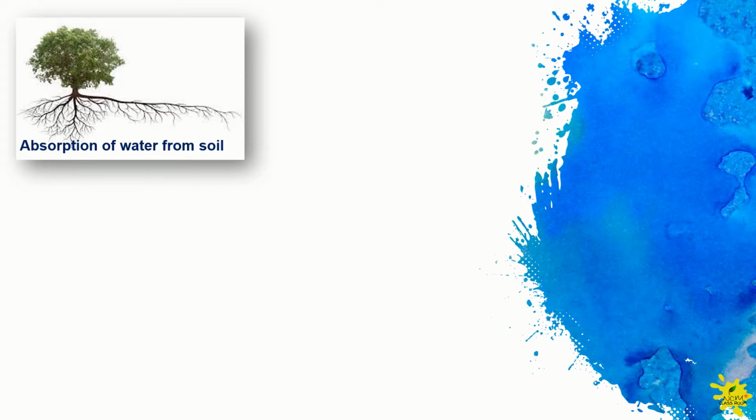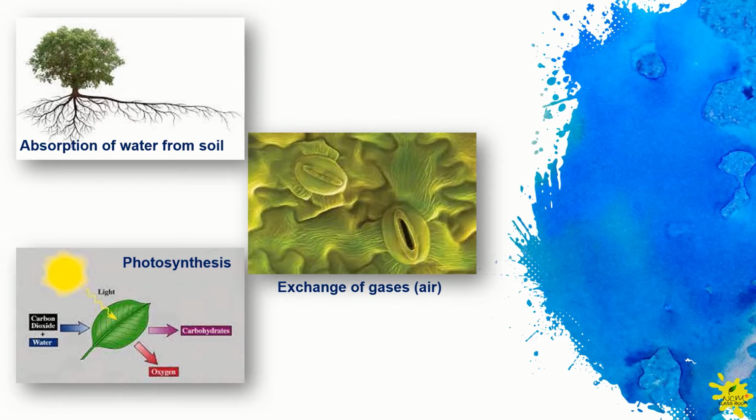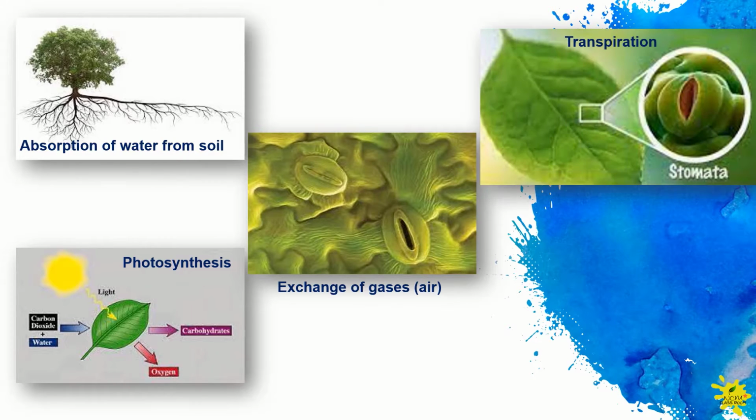Absorption of water from the soil is done by roots and the root system. Photosynthesis is carried out by green leaves and young green pods. Exchange of gases happens through stomata, which are pore-like structures present on the lower side of the leaf.